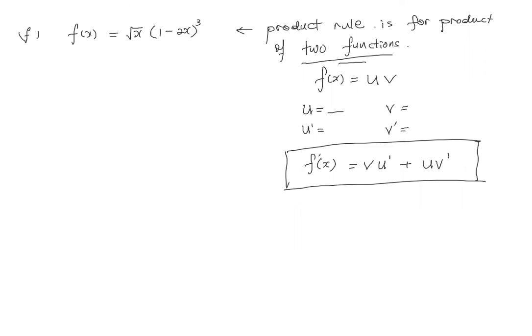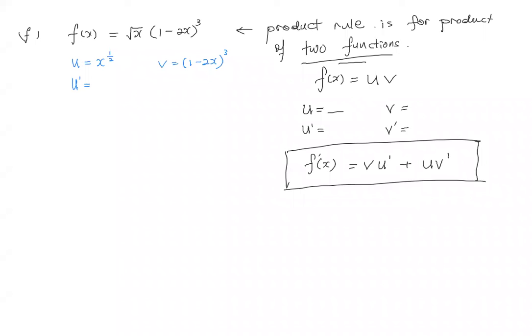My u is equal to x to the power half. My v is (1 minus 2x) cubed. When you use product rule, your u and v will always involve simple rule or chain rule. To get the derivative for u, I need to use simple rule.